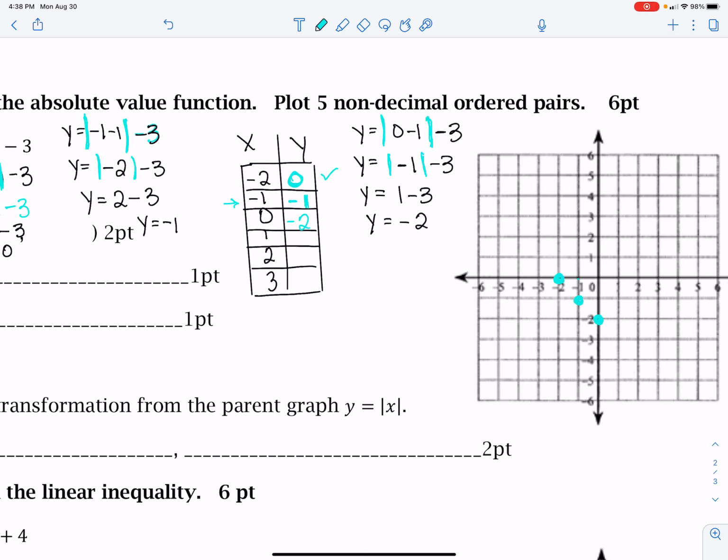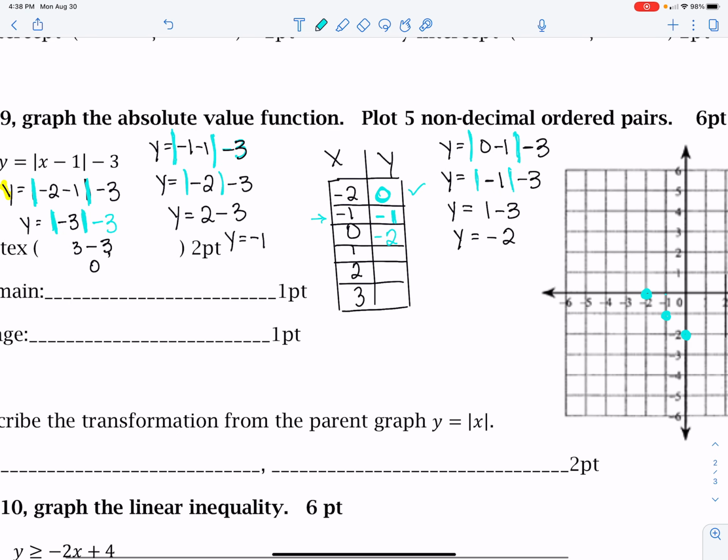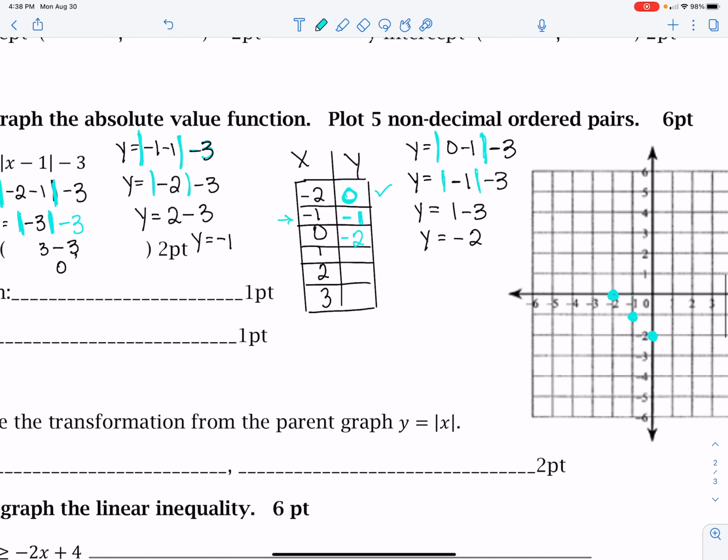Now we've got 3 more values to check. I'm going to leave those 3 for you to check yourself, so that you can do the math. I will tell you what those answers are, but I do want you to go back and figure those out yourself. If I was to substitute in 1, I would get out negative 3.